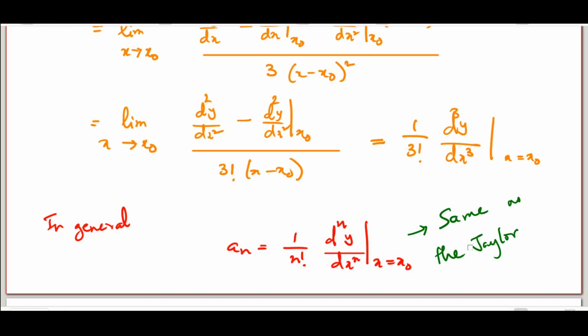Note that this result works irrespective of whether the Taylor series converges or not. The infinite Taylor series may or may not converge, but as long as there is an asymptotic power series which matches the function y of x asymptotically, you are going to get the same coefficients as you would for the Taylor series.